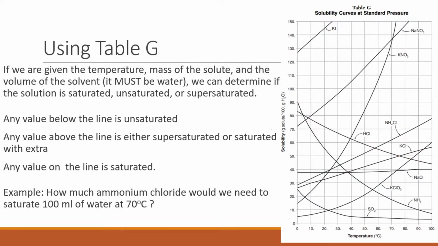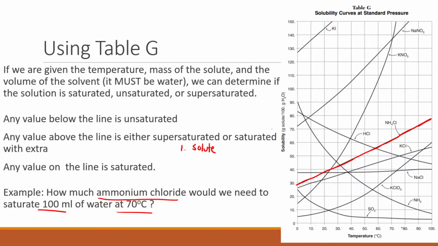How much ammonium chloride would we need to saturate 100 milliliters of water at 70 degrees Celsius? Now, ammonium chloride is NH4Cl. So for this question, I'm going to be looking at the NH4Cl line. And so I'm going to bold that out, and I'm going to pretend the rest of these lines aren't here. So I have one of my three things. I know my solute.